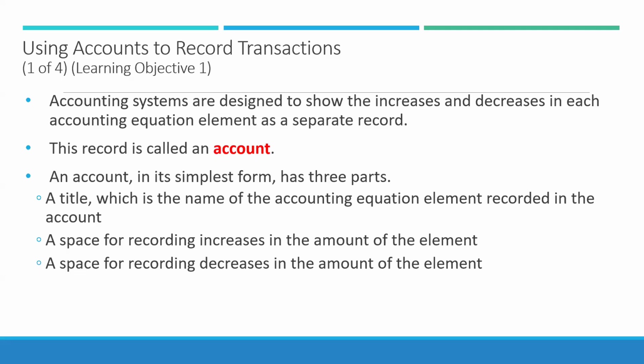This record, such as cash, land, buildings, accounts payable, they're all called separate accounts. An account has 3 parts: the title, which is the name of the accounting equation element recorded in the account, a space to record increases, and a space to record decreases.